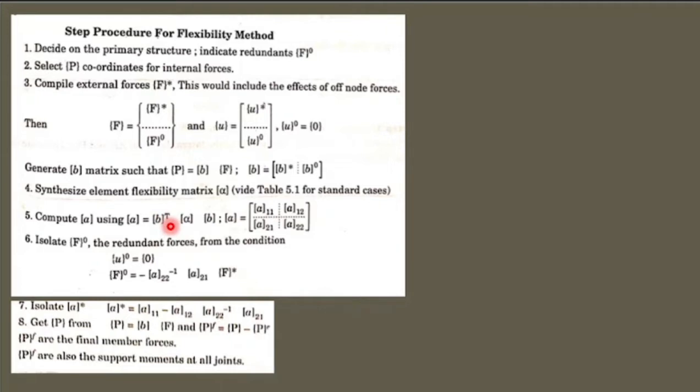If you have only rows, you have to convert them into only columns. So columns will be converted into rows and rows will be converted into columns. This is known as transformation. Whatever beta you received here, it should be transposed. Beta transpose into alpha into beta. So this is the formula: B transpose alpha into beta. So this is for finding the A matrix.